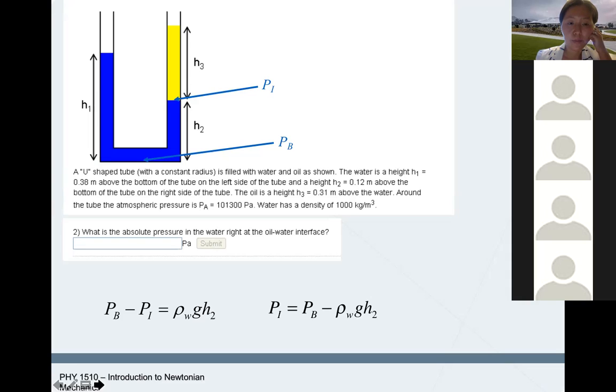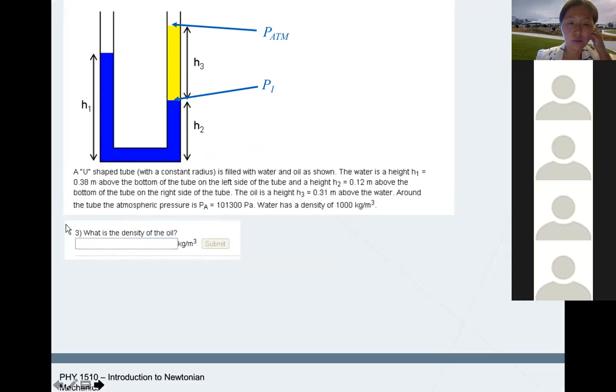Okay. Third question is, what is the density of the oil? So we kind of go backwards. The reason we didn't choose to calculate our pressure at the bottom using the right-hand side of the column is simply because we are not given the density of the oil. So we can backtrack and now figure out what the density of the oil is.